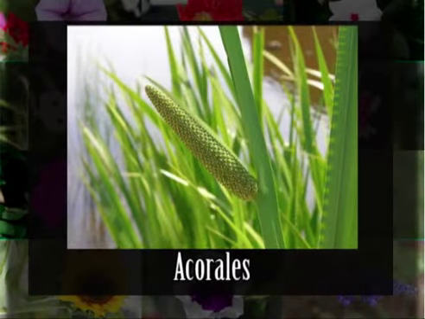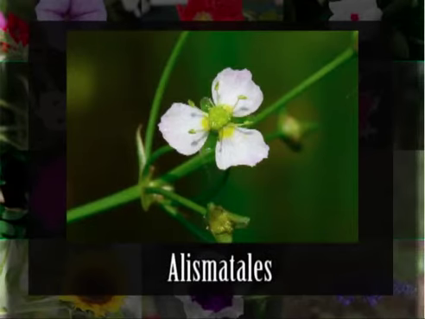Then starts the informal clade, what used to be called monocots, but here the monocots are in a more restricted manner. The orders that have been recognized under these monocots are, number 1, Acorales. This is represented by just a single family, Acoraceae. Then one more order is Alismatales.